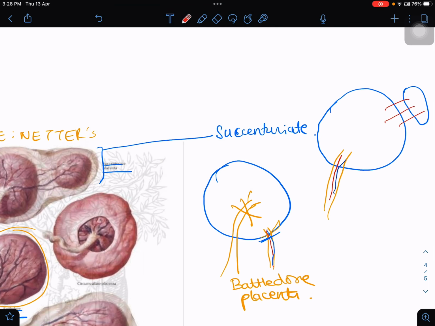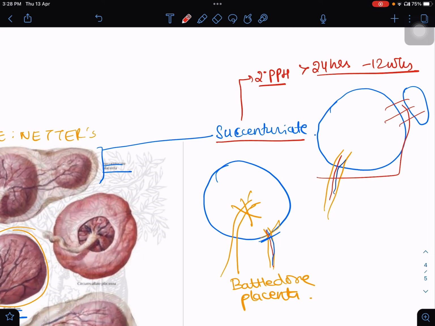So what is the importance of succenturiate placenta? It can lead to secondary PPH. Secondary PPH is bleeding more than 24 hours after delivery, up to 12 weeks. This is very important because PPH is one of the common causal factors for maternal mortality. After delivery you take out the placenta, you are happy, the baby is out, the placenta is out, and you can send the patient home with a healthy baby.